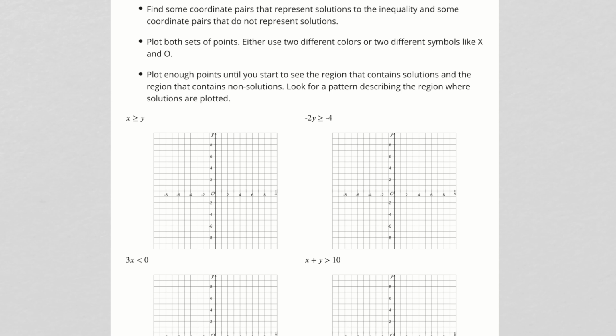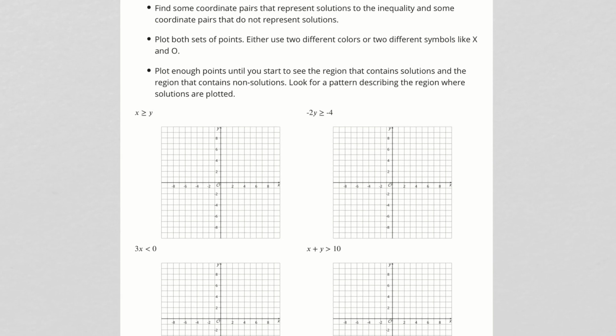All right. So let's just start with x is greater than y. So it says to find some coordinates to do this.